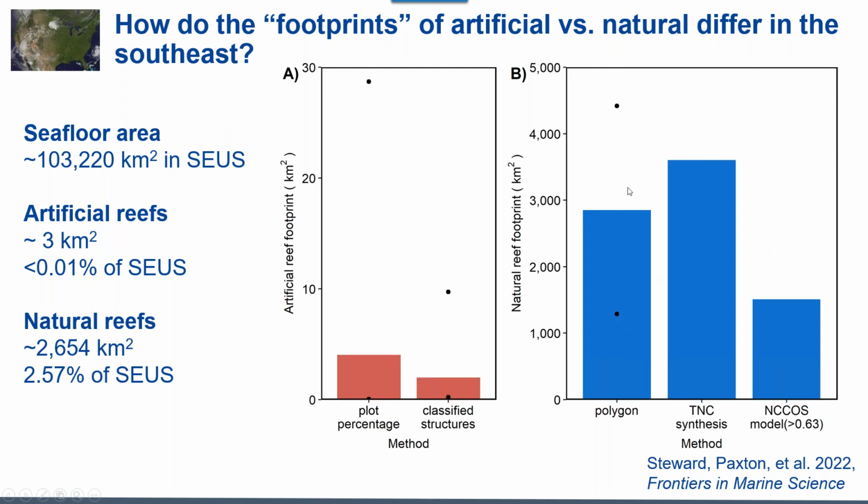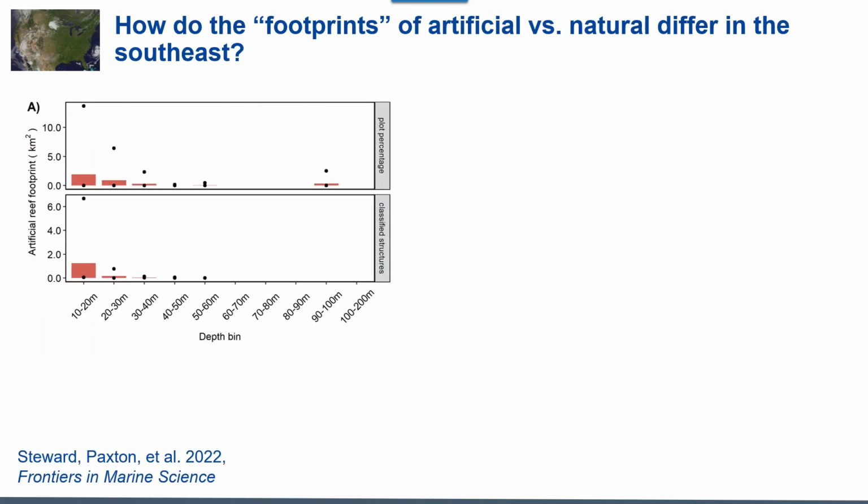For some of our methods, we were able to calculate uncertainty. And so we have our maximum and our minimum, and then our mean that we're displaying. So again, driving home the point that nationally, about 19 square kilometers of artificial reefs covering the seafloor in the southeast US. It's about 3 kilometers squared, which is several orders of magnitude less than the amount of natural reef coverage in the same vicinity.